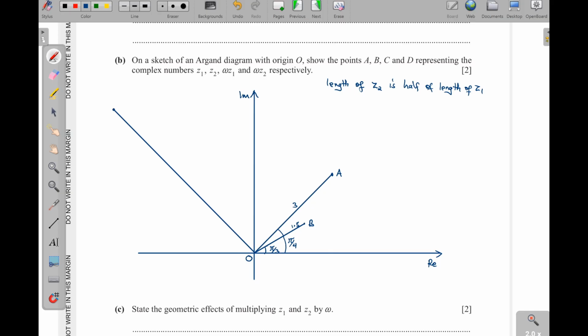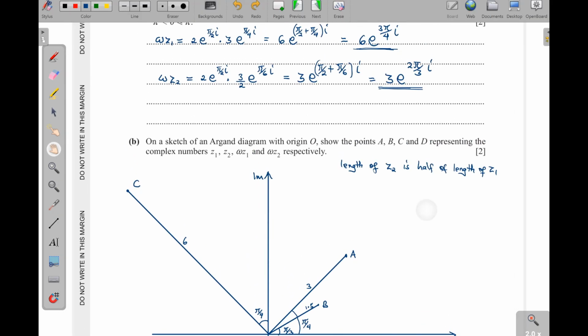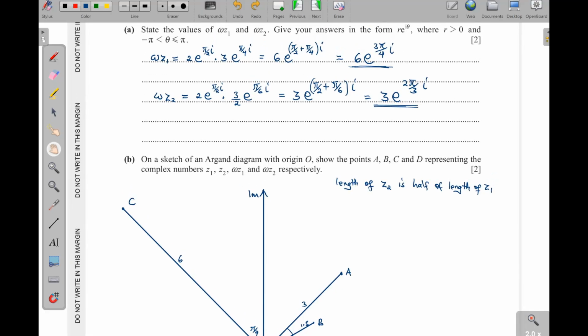This point here is C. This one is 6 units. You get it? So remember, this one here is going to be pi over 4, because already this one is 90. So 90 plus the pi over 4, then you'll get 3 pi over 4. You get it? A 135 lies in the second quadrant. Then how about this one?